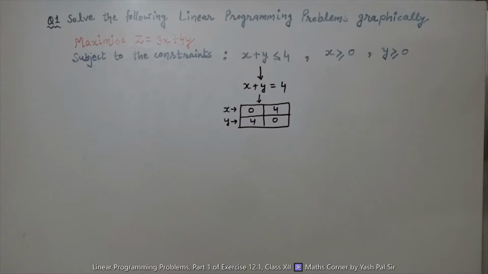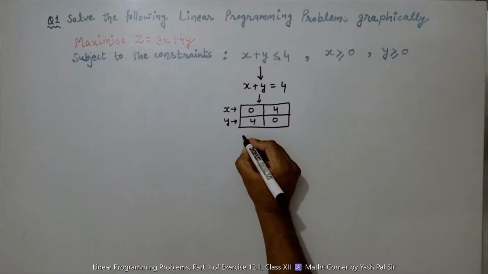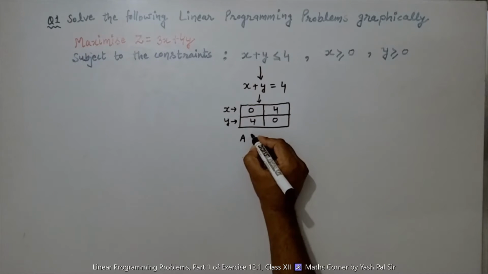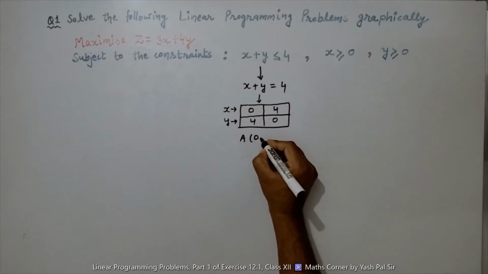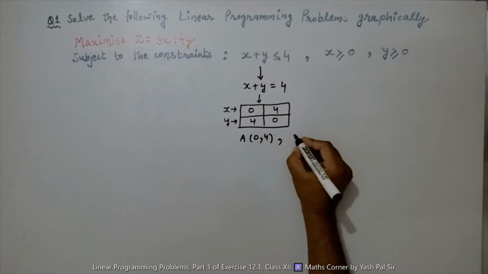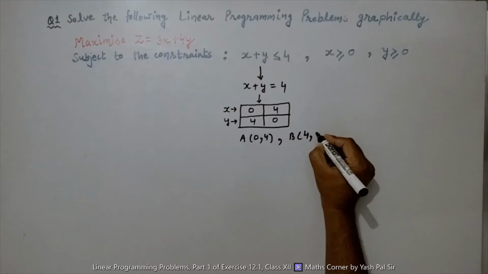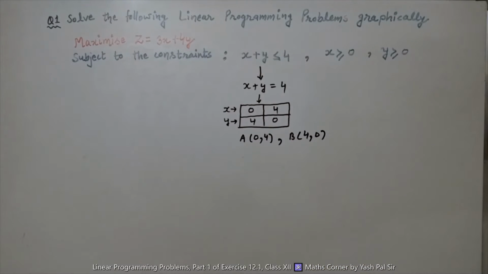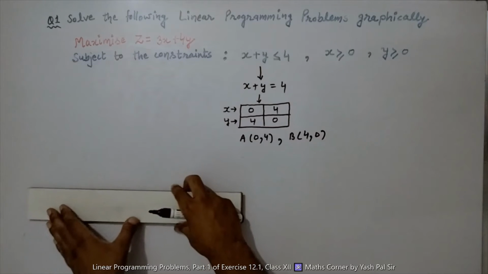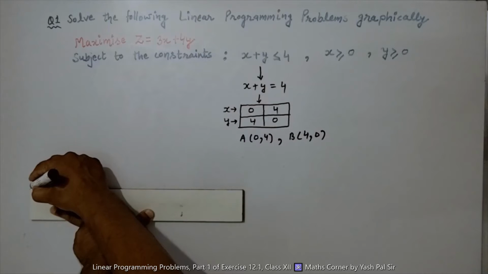Now we draw these values. The first pair is point A, x is 0, y is 4. The second point is point B, x is 4, y is 0. So now we draw the two-dimensional plane.